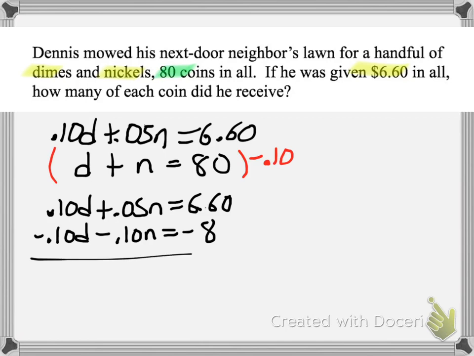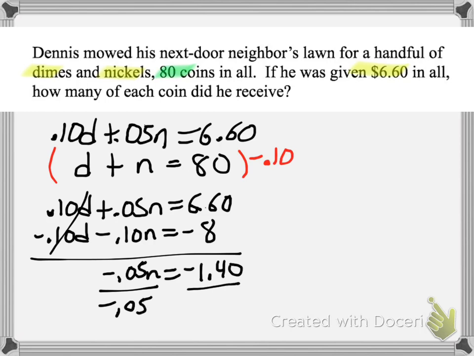Now I have my opposites, so my D's cancel, and 0.05 minus 0.10 would give me a negative 0.05N. And then 6.60 minus 8 would be a negative $1.40.